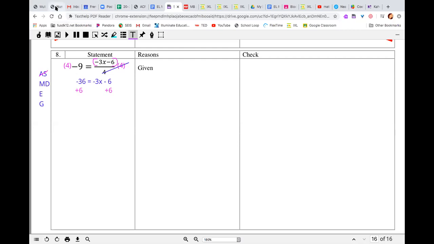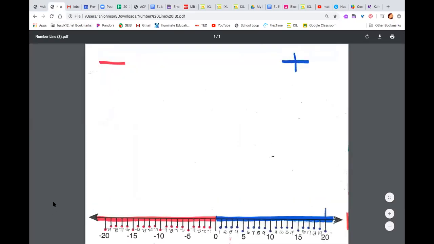So if I have my, I know this doesn't go to 36, but if I start here at negative 36 and then I'm adding 6, what number am I going to stop on? See if I can. And I can draw it like this.